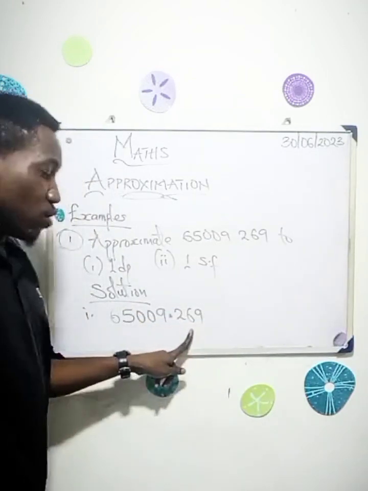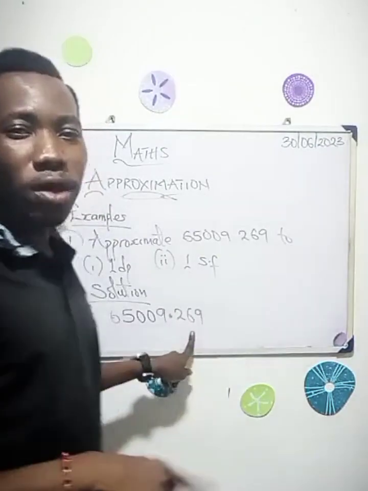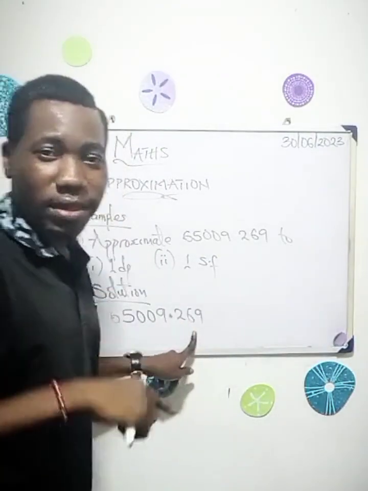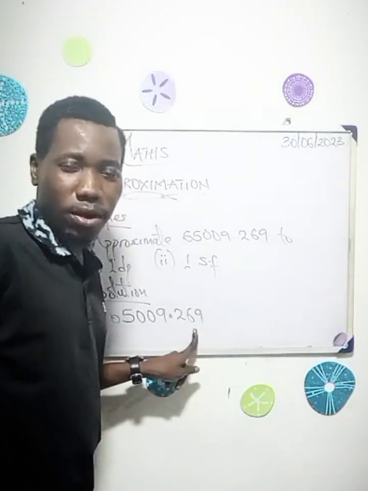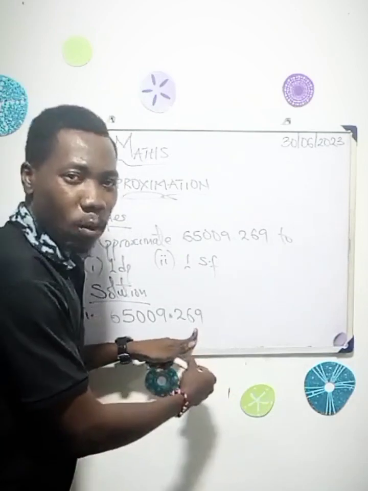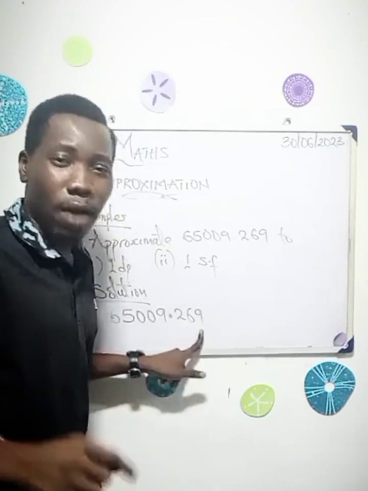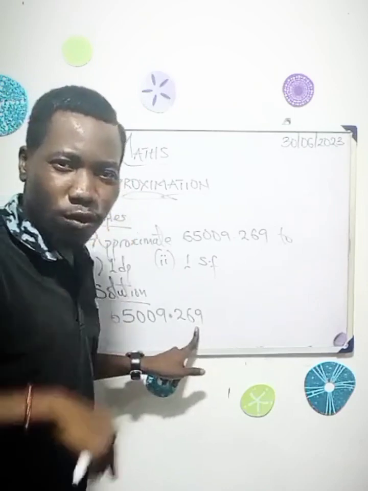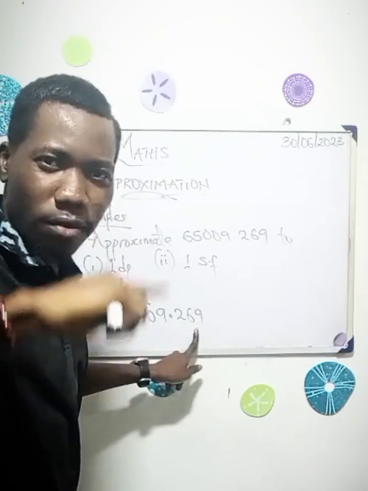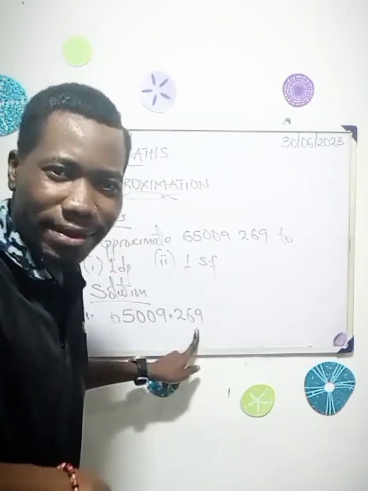Now the third step, you're going to round up or round down. The number here will tell you if you have to round up or round down. So what are we going to do? Are we going to round up or are we going to round down? Up or down?